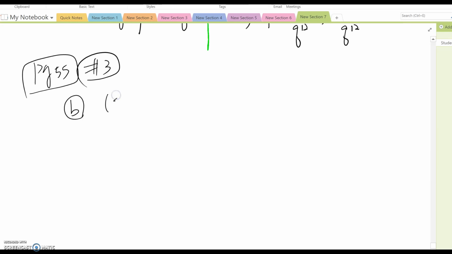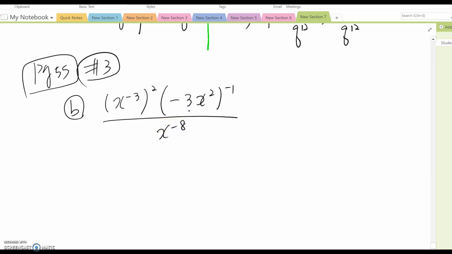So you can do x^-3 squared, (-3x^2)^-1, over x^-8. In this case, because now we have 3 different parentheses terms here, which is 1, 2, 3, I'm gonna simplify the numerator first, just in case, and then combine with the denominator here.